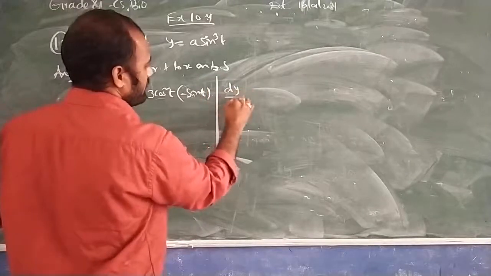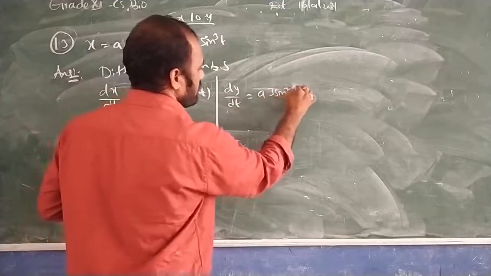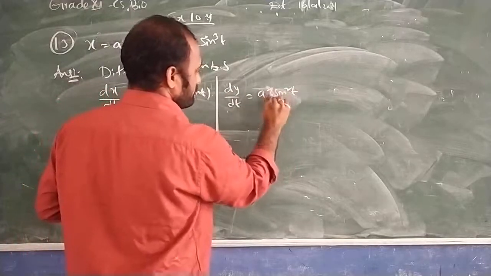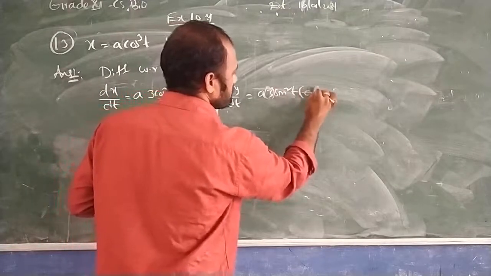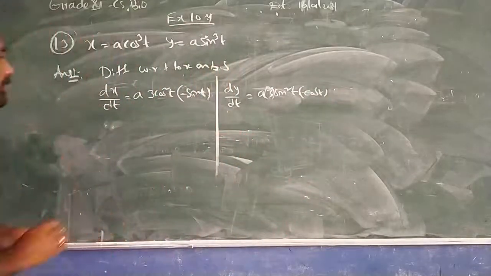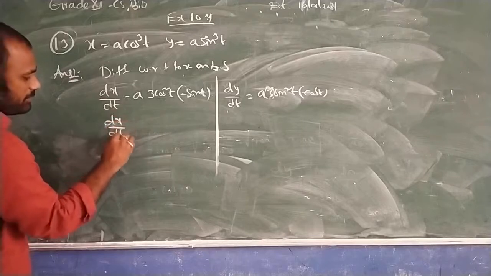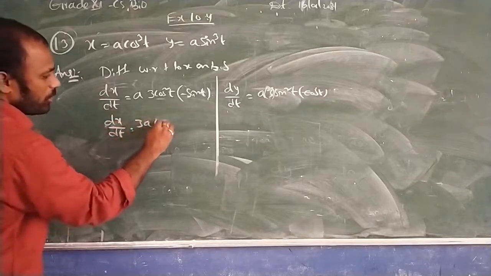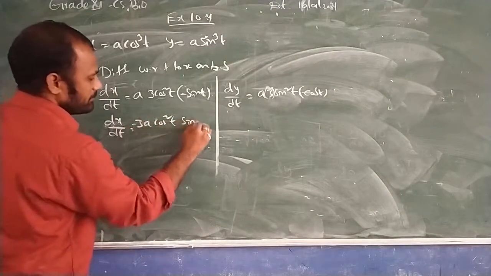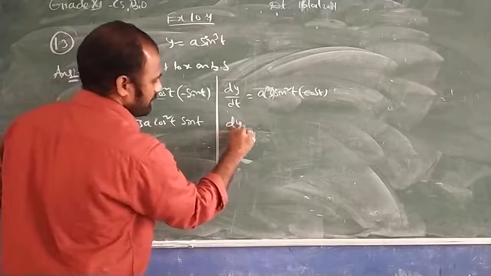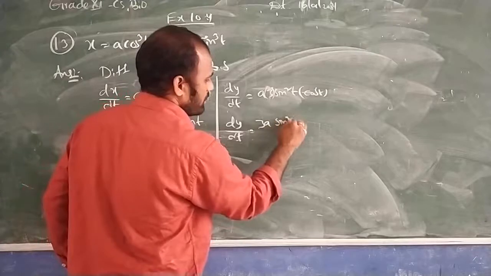Next, dy by dt is equal to a, the constant, into 3 sin square t, and the derivative of the sin function is cos t. This can be written as dx by dt is equal to 3a cos square t into minus sin t, and dy by dt is equal to 3a sin square t cos t.